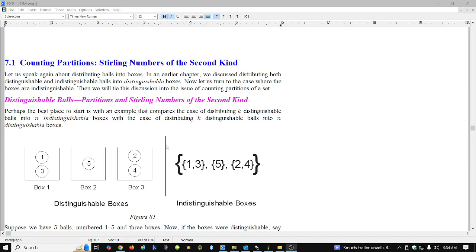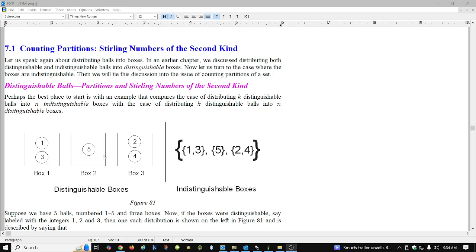Okay. So I think maybe the best thing to do is start with an example that compares the cases of distinguishable and indistinguishable boxes. Throughout this discussion, the balls will be distinguishable and labeled with integers 1 through k if they're k balls. Okay. So suppose, for example, we have 5 distinguishable balls numbered 1 through 5 and 3 boxes.